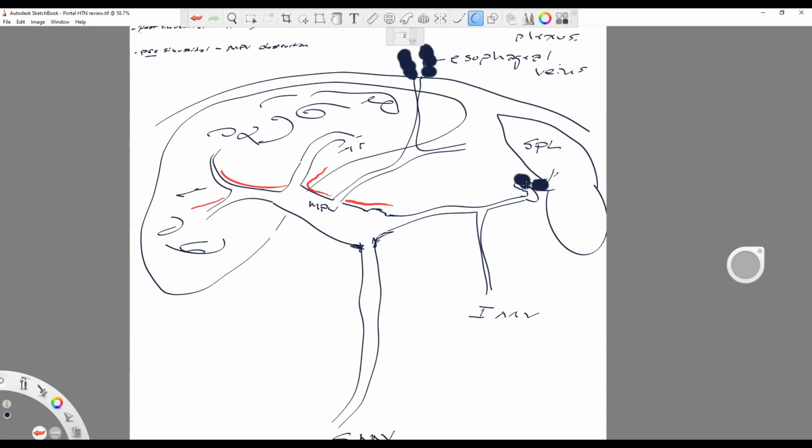I'll start filling in some of these other areas here. So the esophageal veins start to get varices because they're draining into the liver and it's getting backed up. It could have stomach varices, although we usually don't see these. Why? Because it's stomach. Stomach is always gassy.